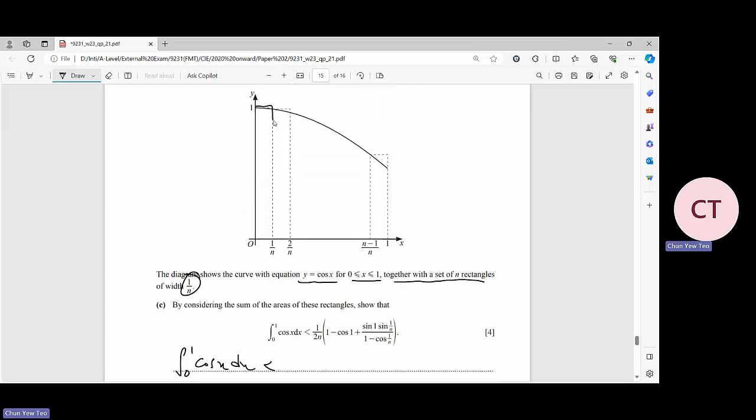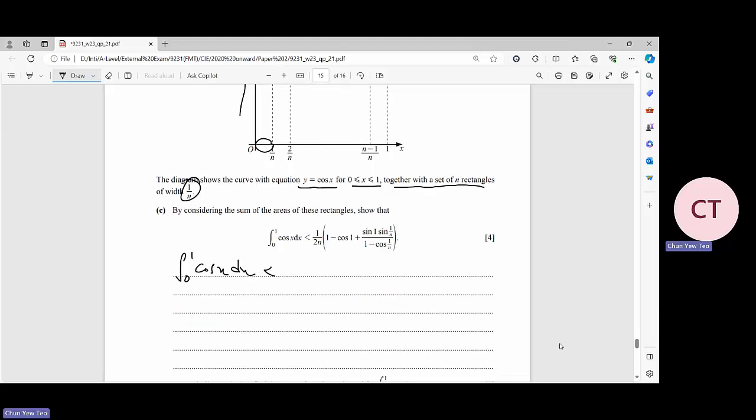Take a higher rectangle. The height is f0, multiplied by 1 over n. After this one it is f0, after that f of 1 over n, after that f of 2 over n.